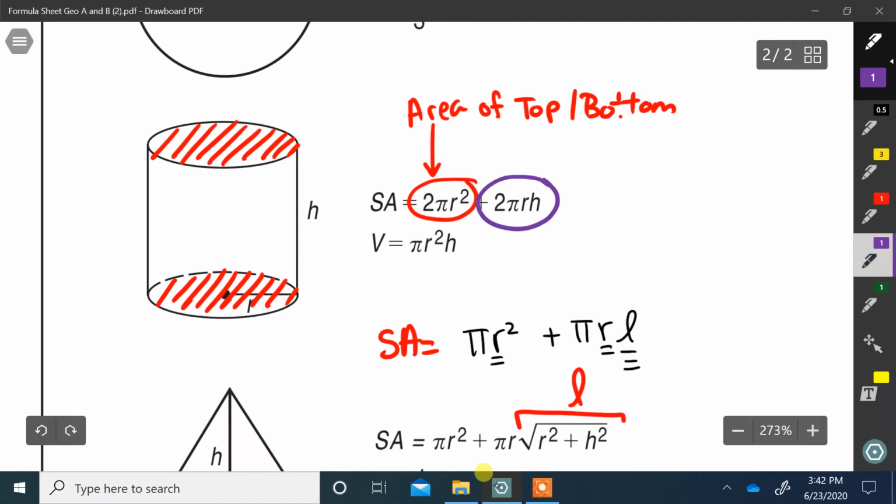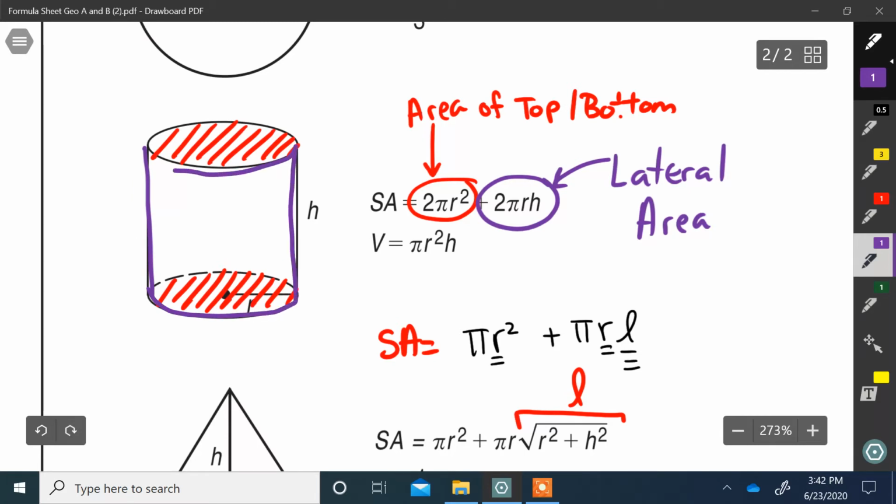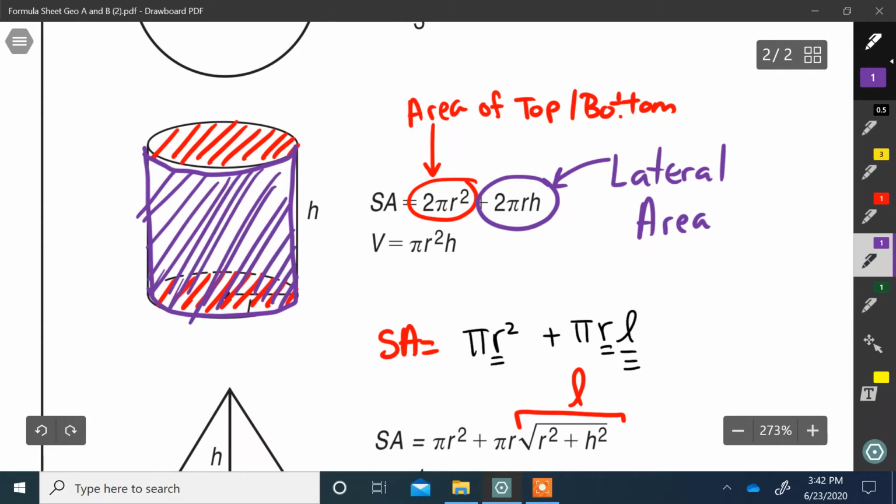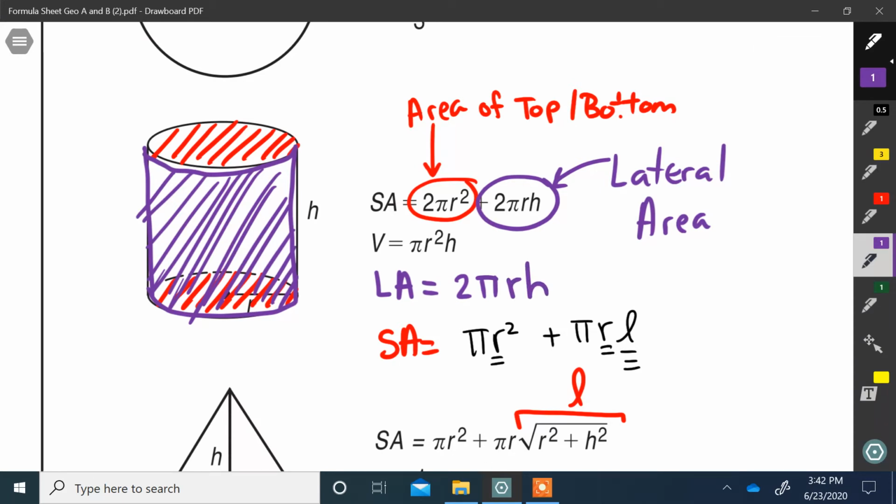This right here is what we call the lateral area. That is the area of everything else. Okay, that is essentially what we are going to be interested in. If you want, you can write an extra formula in there. LA is equal to 2 pi RH. Okay, that is my lateral area.